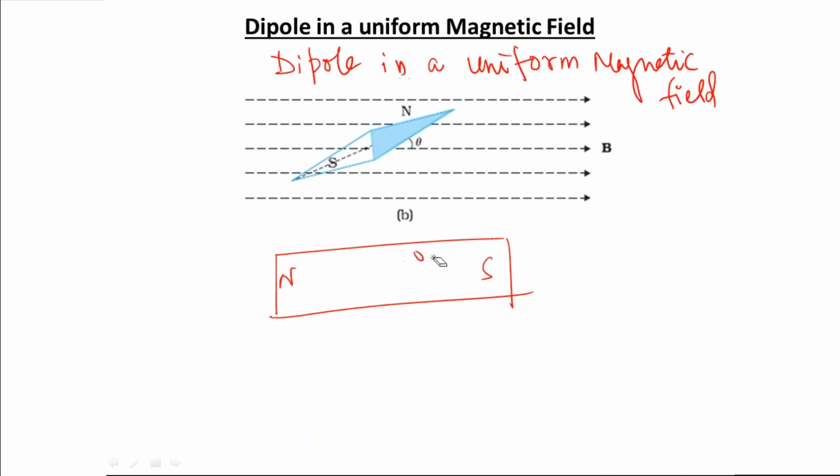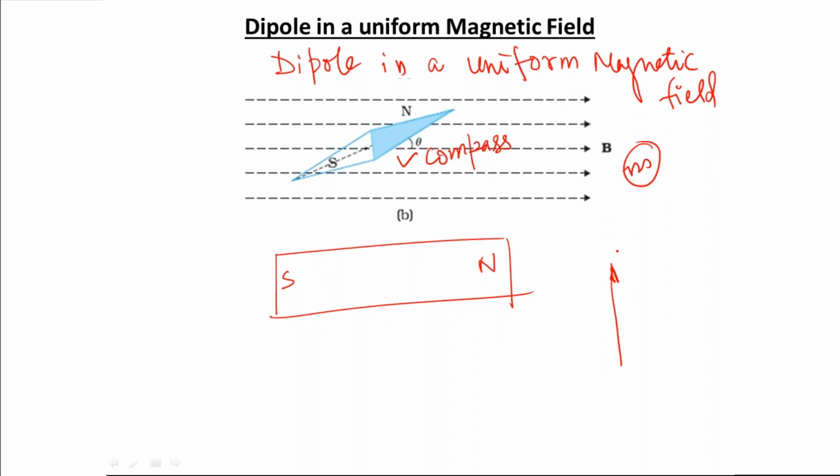So what is the experimental procedure to calculate the magnitude of the magnetic field for a bar magnet? You have to take a bar magnet, place it nicely, and then take a compass needle. This is a compass.